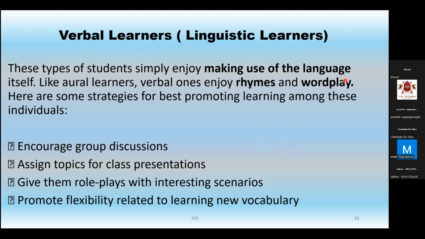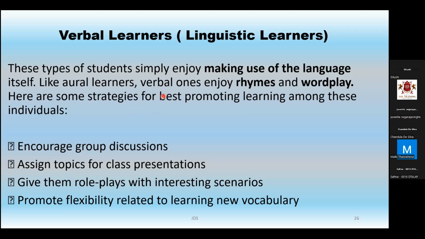Making use of the language, like oral learners, verbal learners enjoy rhymes and wordplay, right? So any kind of interaction is needed for them, mostly verbal interaction.